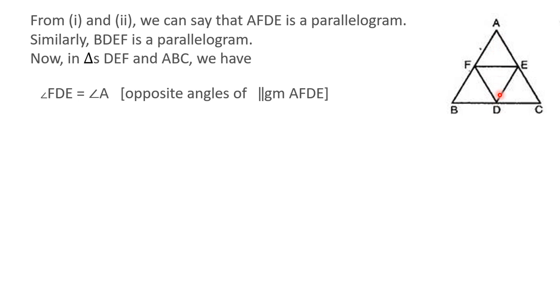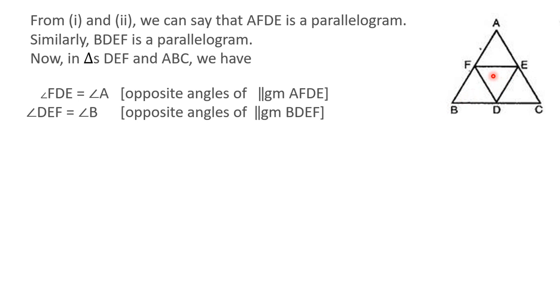Similarly, angle DEF, angle E of the triangle DEF, and angle B of the triangle ABC. Here again BDEF is a parallelogram, so angle B and angle E are the opposite angles of a parallelogram. So again these two angles are equal.